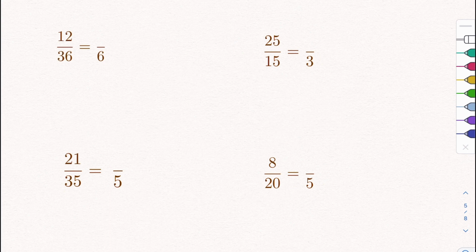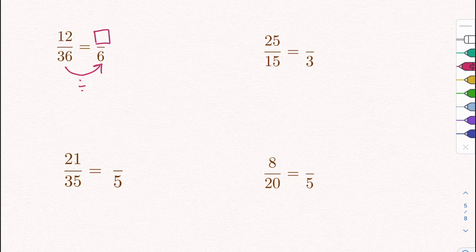Here we have 12 over 36, and that equals something over 6. So we need to find the missing numerator, knowing that these two fractions are equivalent as shown with the equal sign. So looking at the denominator, it's 36 becoming the 6. So this time, we're going from the big number to a small number. So instead of timesing, we know that we'll have to divide 36 by something to get to 6.